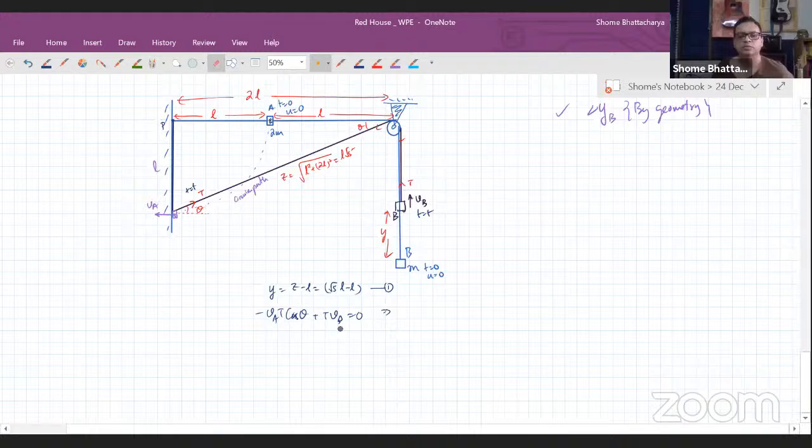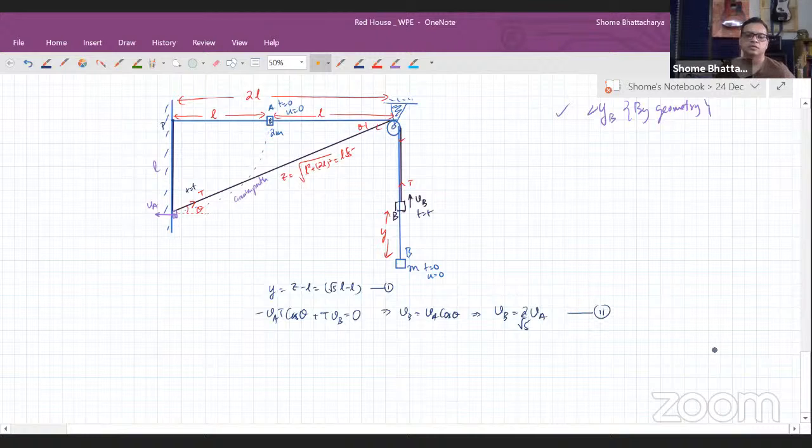So VB should equal VA cos theta. And from that triangle, you can see that cos theta's value is 2 by root 5. That's the second thing.